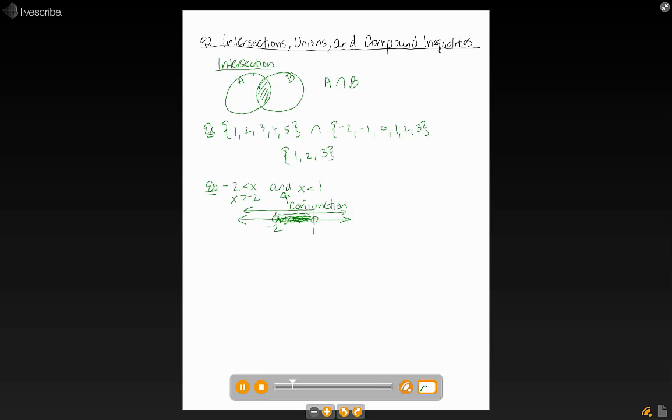I know it includes 0, but it's not just 0, right? But it's also negative 1.99999. So it's everything in the middle. The middle interval, is that okay? Everything in the middle is bigger than negative 2 and smaller than 1. Everybody agree? So that's what the and refers to, is that piece that's shaded. Okay?